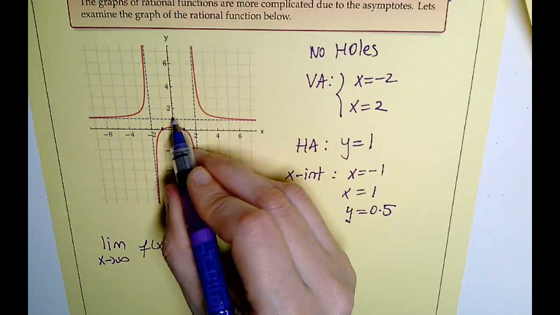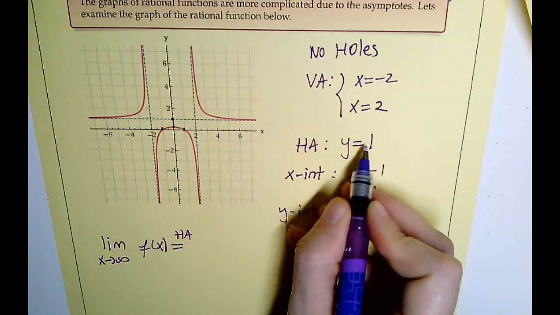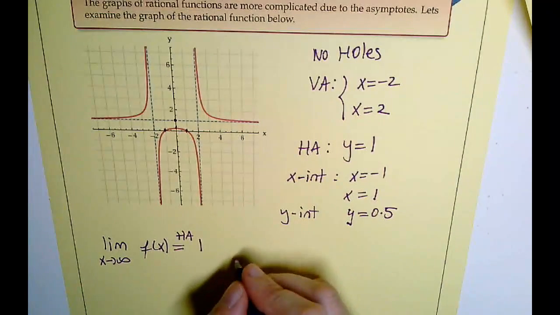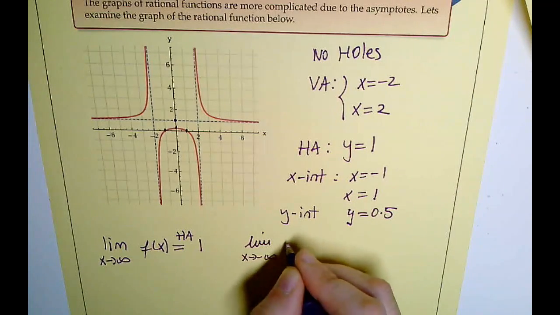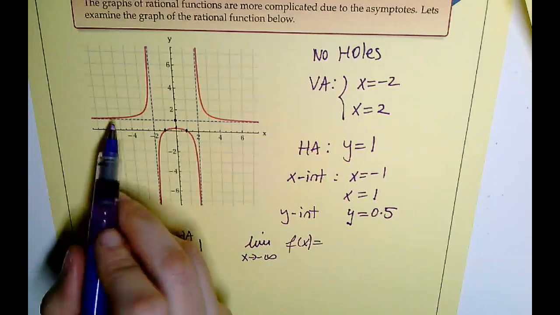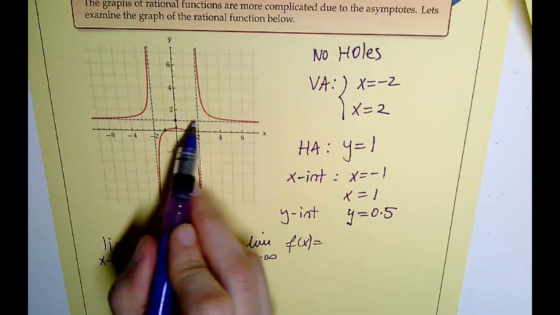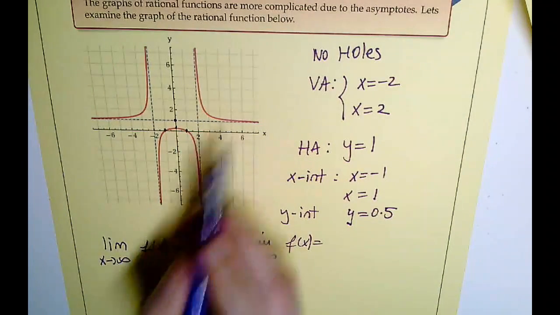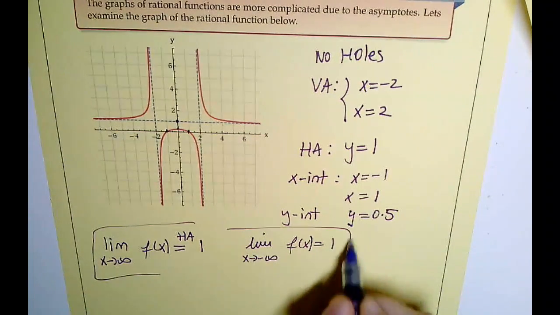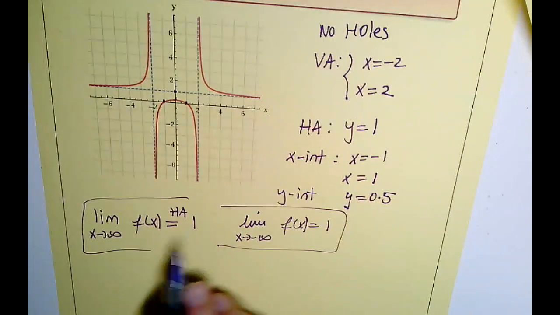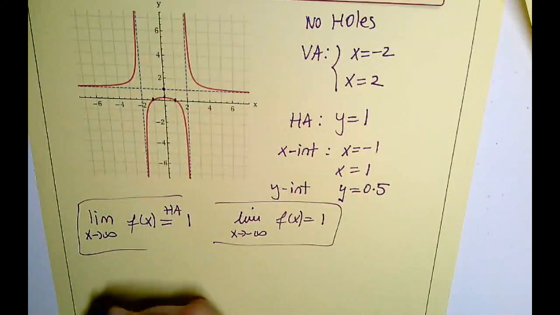And what is the value of the horizontal asymptote? y equals 1. Similarly, the limit as x goes to negative infinity of the function is still the value of the horizontal asymptote, y equals 1. So the end behavior can now be restated in this limit form that you're going to use in calculus.